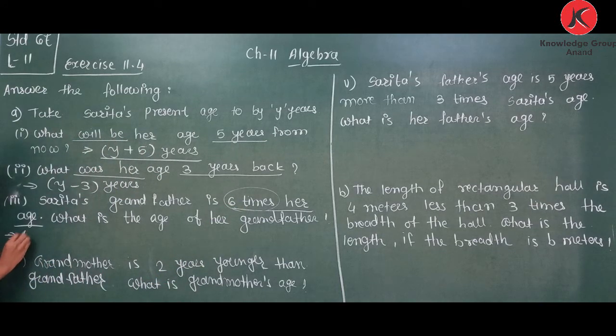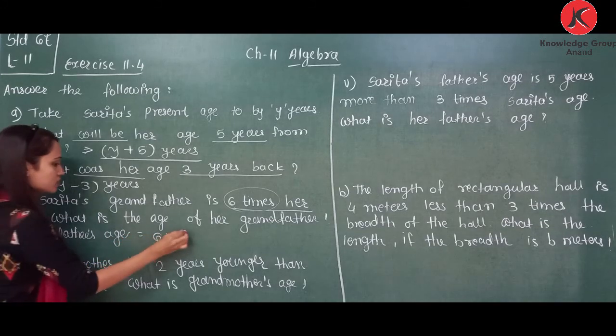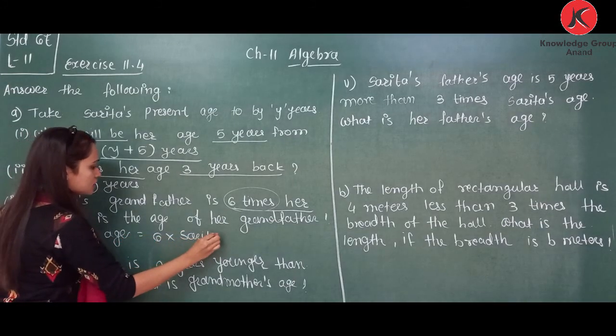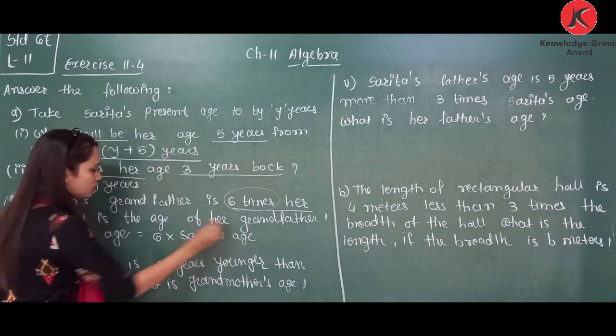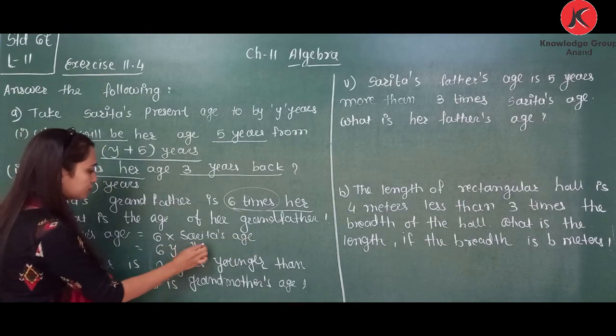So grandfather's age will be 6 times Sarita's present age, so it is 6y years.